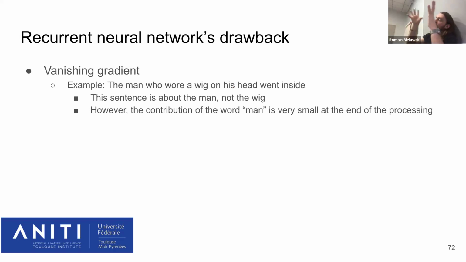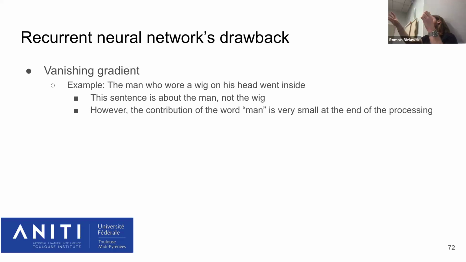The problem with training, let's say, a simple neural network is that if the sentence becomes too big, the full meaning of the sentence starts to dissipate during the encoding.